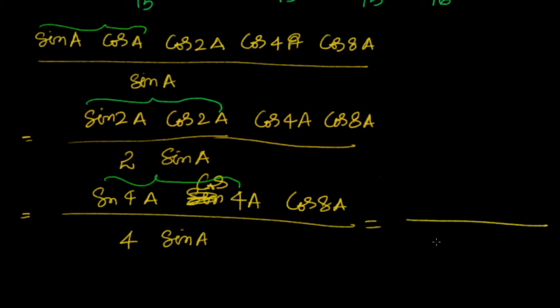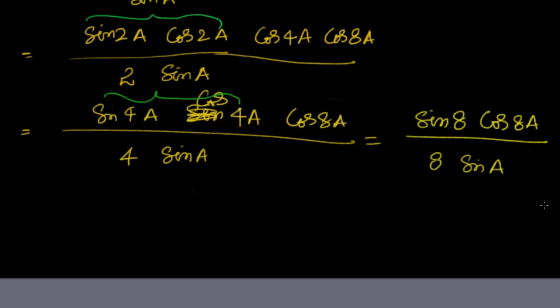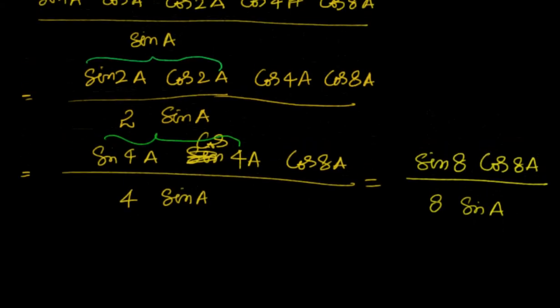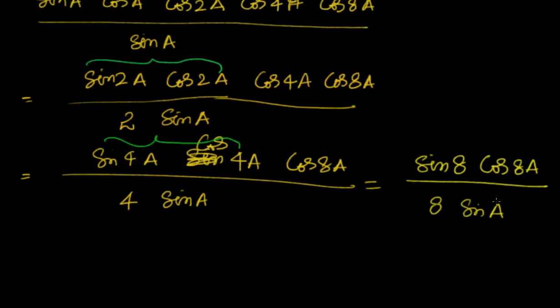Then it becomes 4 into 2, 8 now. 8 sin a equal to sin 8a cos 8a. Now again I can write this as half of sin 16a. So it becomes 1 by 16 sin 16a by sin a.